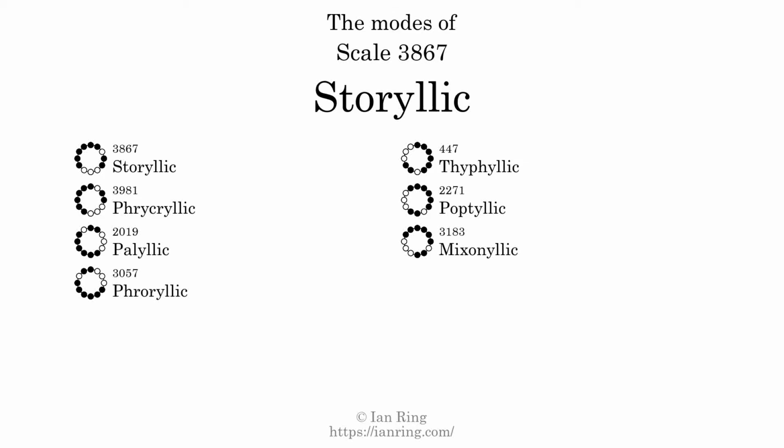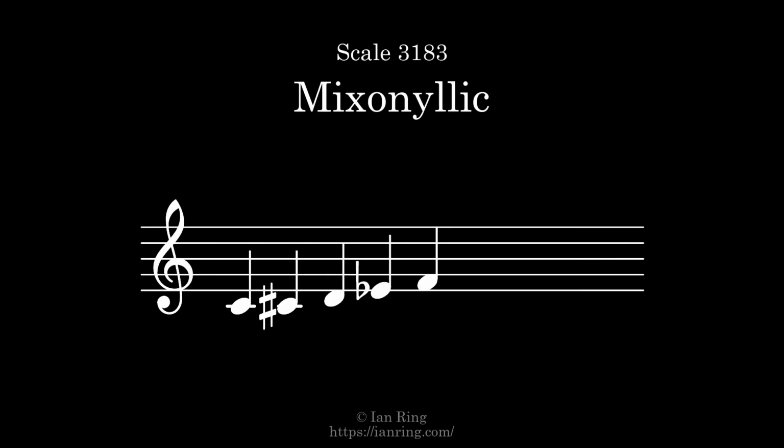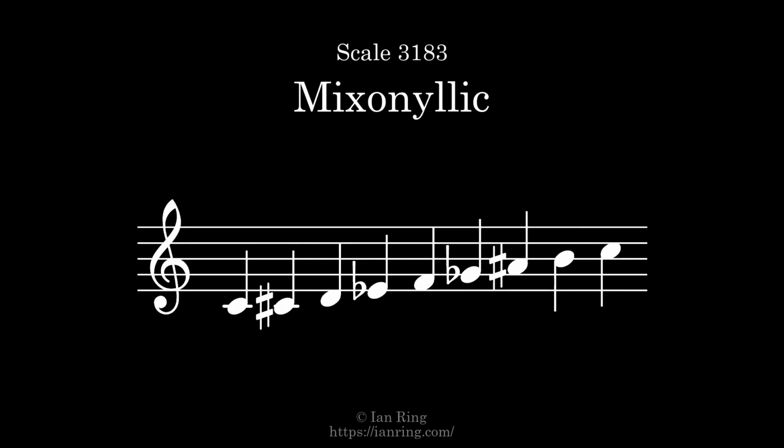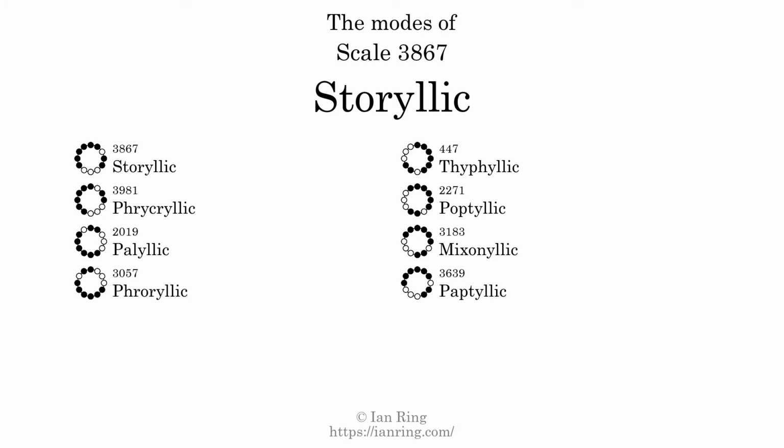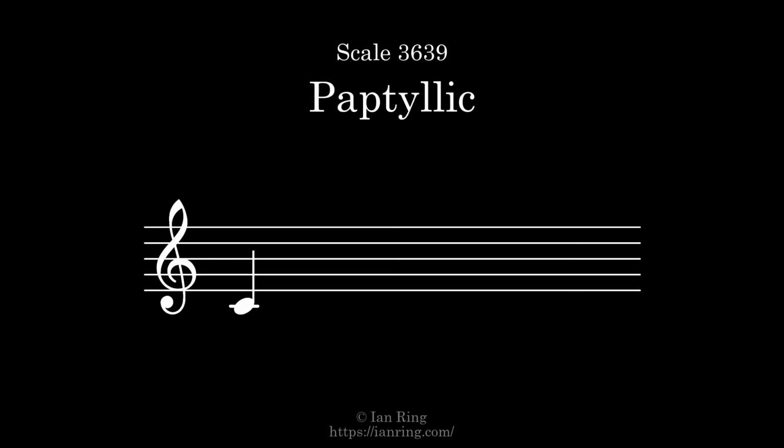The seventh mode is scale 3183, also known as Storyllic. It sounds like this. The eighth and last mode is scale 3639, also known as Storyllic. It sounds like this.